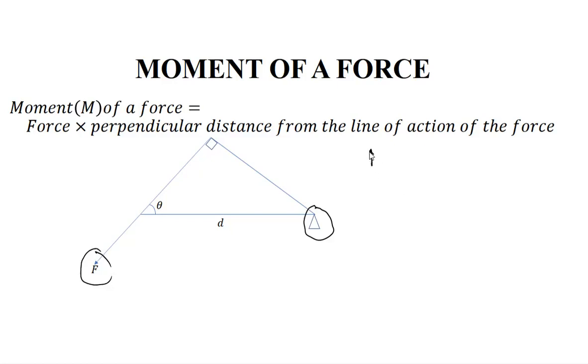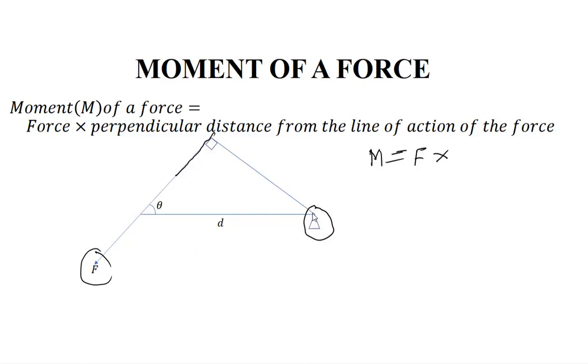So, moment will be force F times perpendicular distance. This is the line of action of the force. We need a distance that is perpendicular from the knife edge, where it's turning, to the line of action of the force.